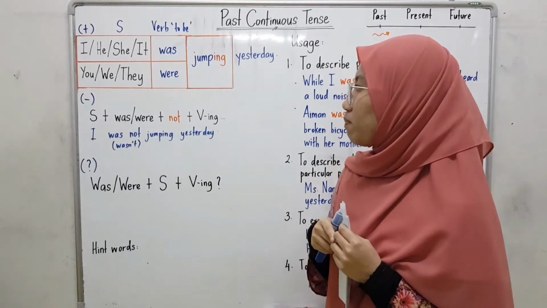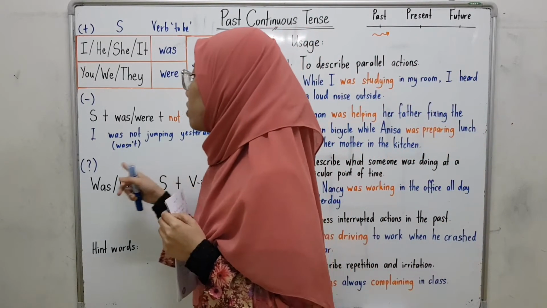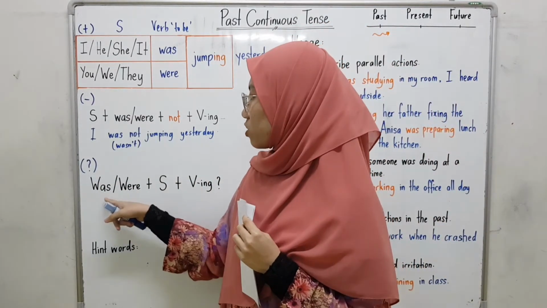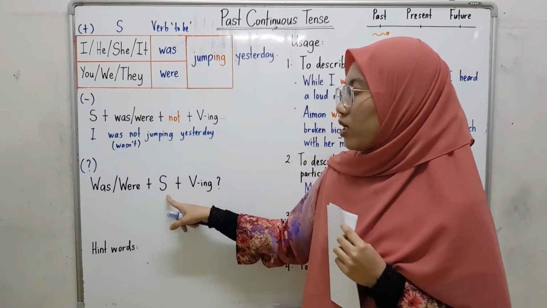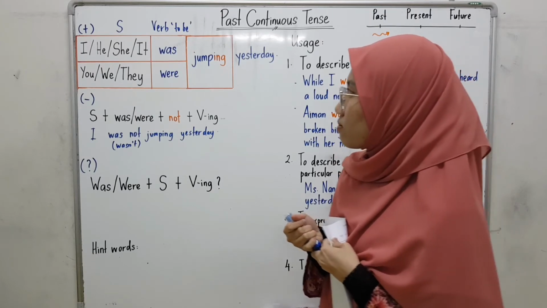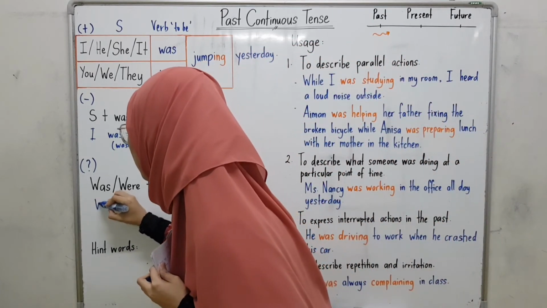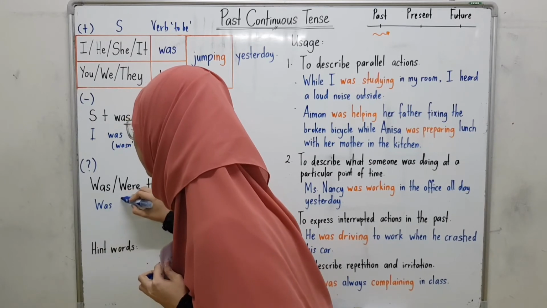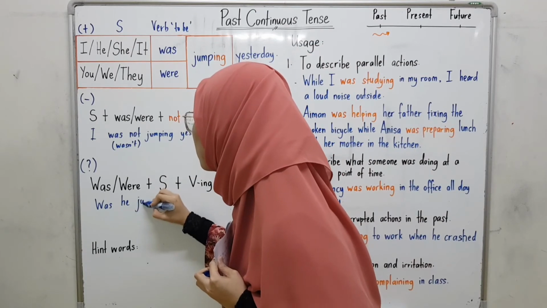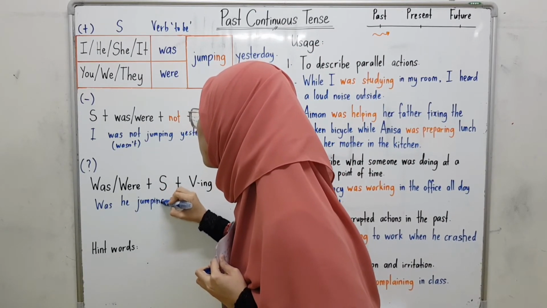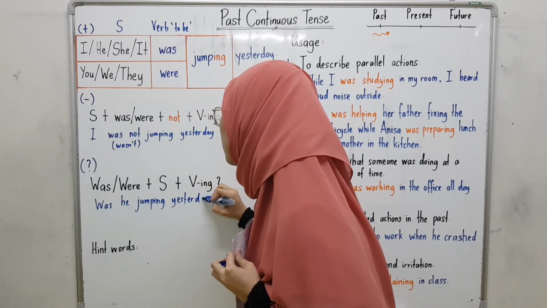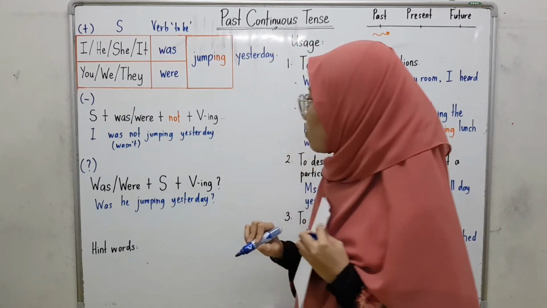They weren't jumping yesterday. To form question statement, we put was or were at the start of the sentence, followed by the subject plus the verb ing form. For example, was he jumping yesterday?